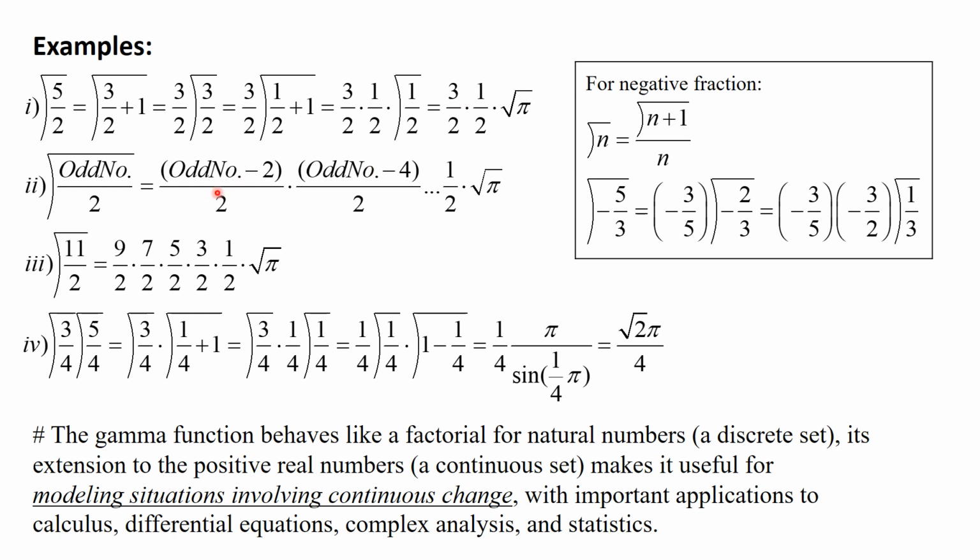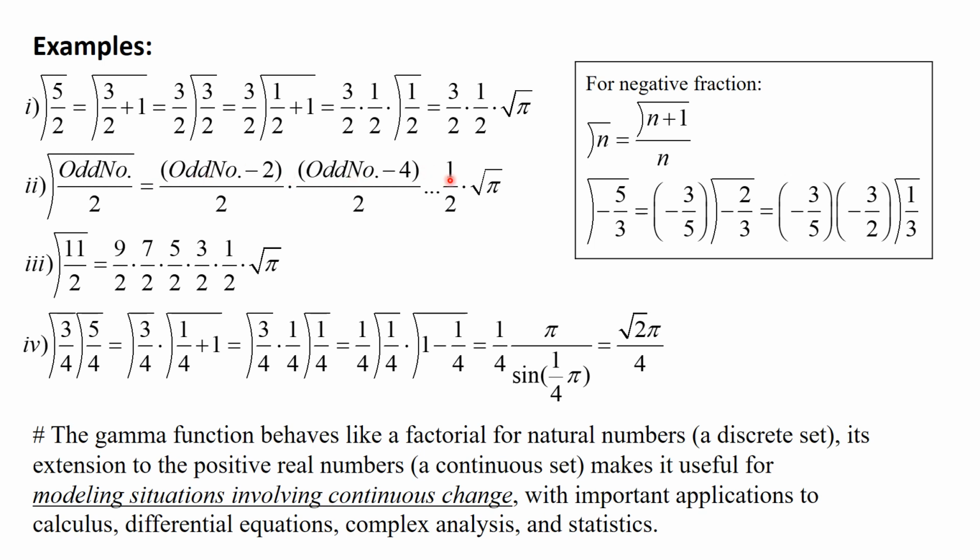If you look at the generalized formula for any odd number divided by 2, the result is useful only when the dividing factor is 2 and the number is odd. If the number is even, divided by 2 comes out as an integer value, and for an integer the gamma function is directly different. So for an odd number divided by 2, the gamma function reduces as odd number minus 2, minus 4, and so on.